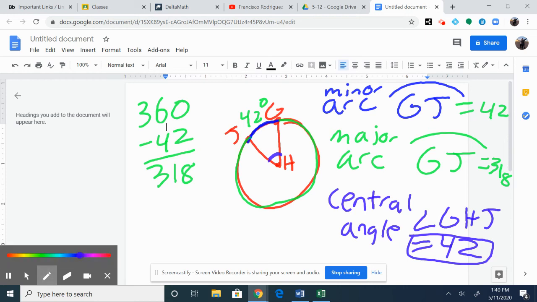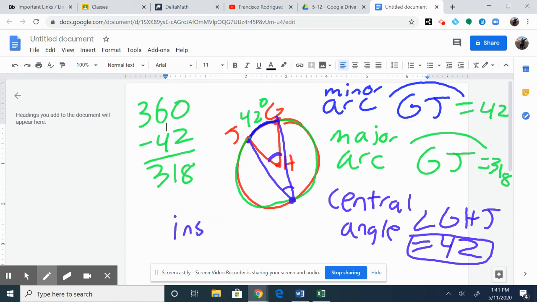Now, if we were to have a point on the other side of the circle, which connects to the same 2 points on the other side of the circle, now we have a smaller angle that we called an inscribed angle. Inscribed angle.